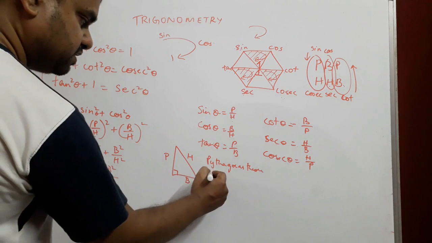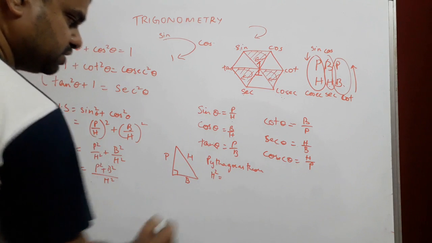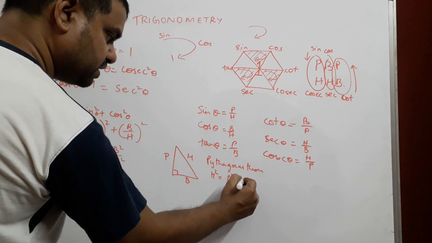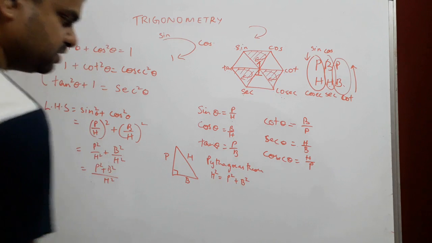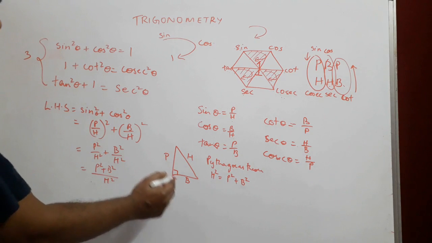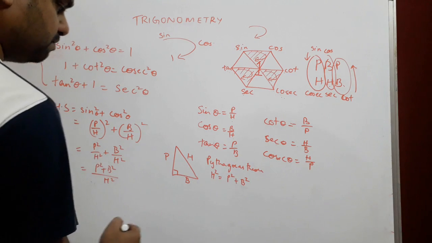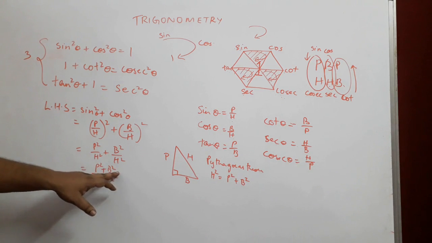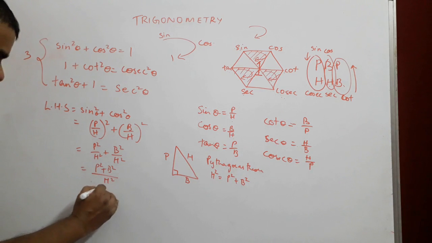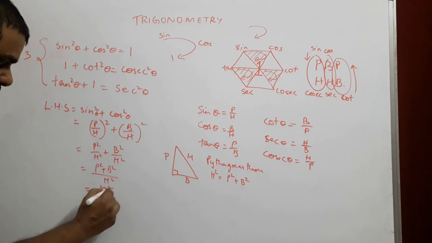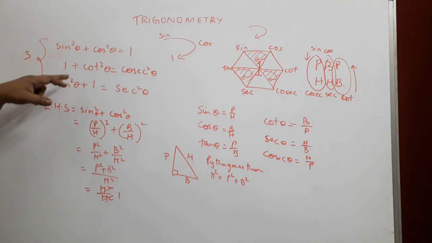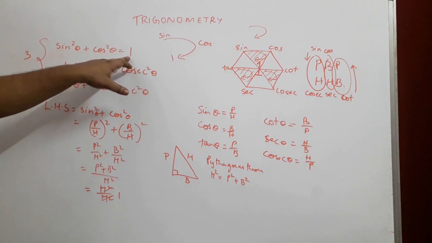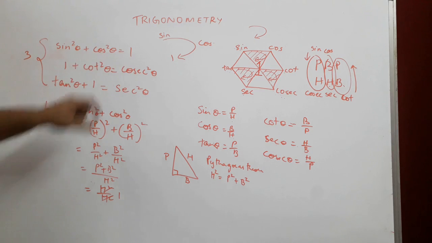It says that the square of the hypotenuse is equal to the sum of the squares of the other two sides, which is the square of the perpendicular plus the square of the base. P square plus B square is equal to h square. So h square upon h square is what? 1, and that proves that sine square theta plus cos square theta is equal to 1.